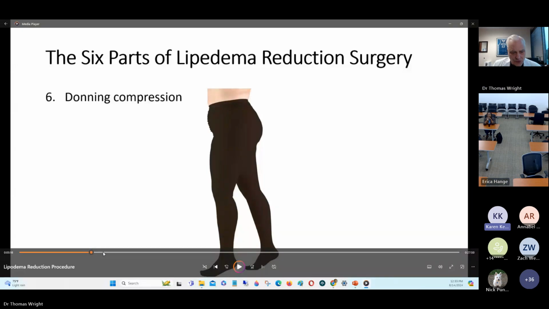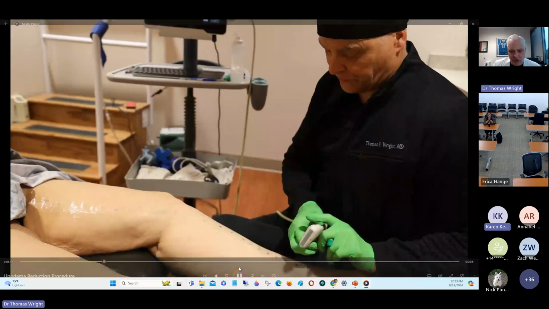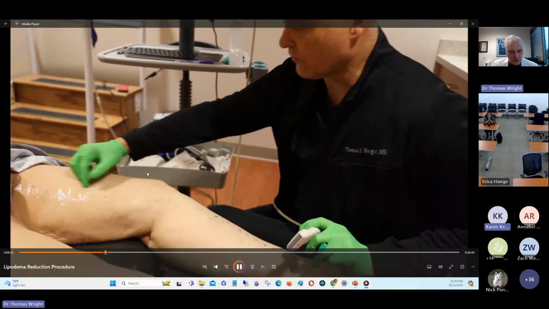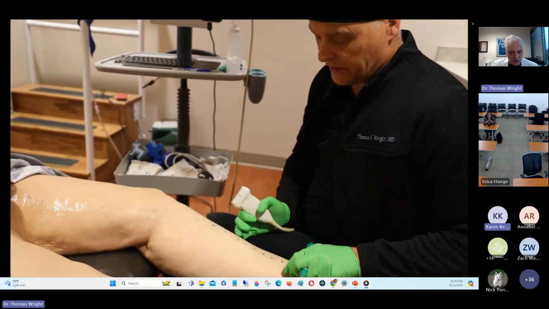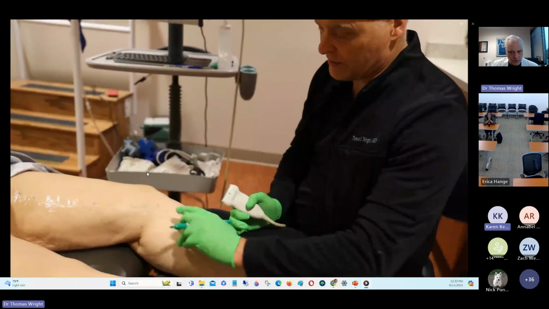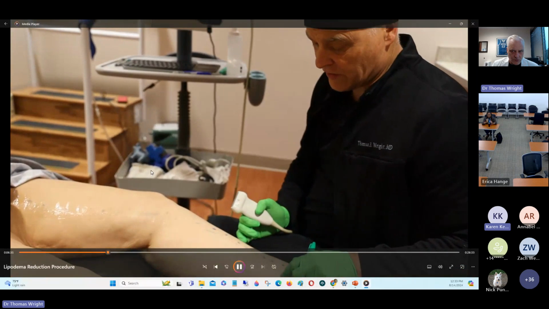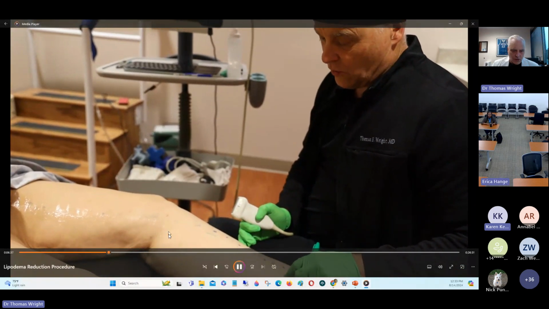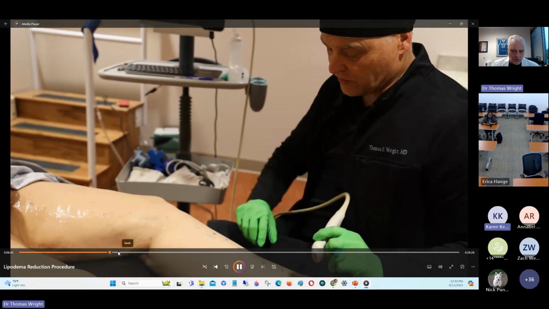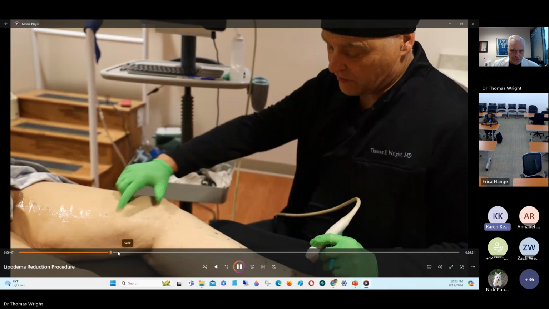So here is me. The greater saphenous runs along there. Now, the lymphatic channels have been well described, and they run parallel to the greater saphenous and the small saphenous. So we first, with the high frequency ultrasound, we map the saphenous.